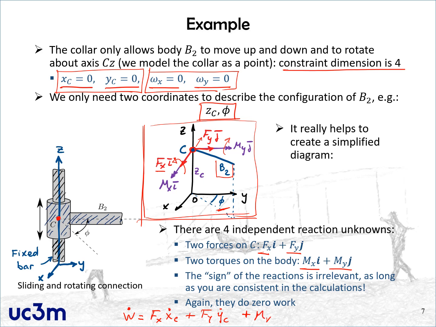So we have Mx omega x plus My omega y. Clearly, this is equal to 0 because in this particular case, each of these terms is individually equal to 0. What matters for a simple, stationary constraint like this one is that the sum of all the terms has to be equal to 0. In this particular case, on top of that, each of the individual terms is also equal to 0.